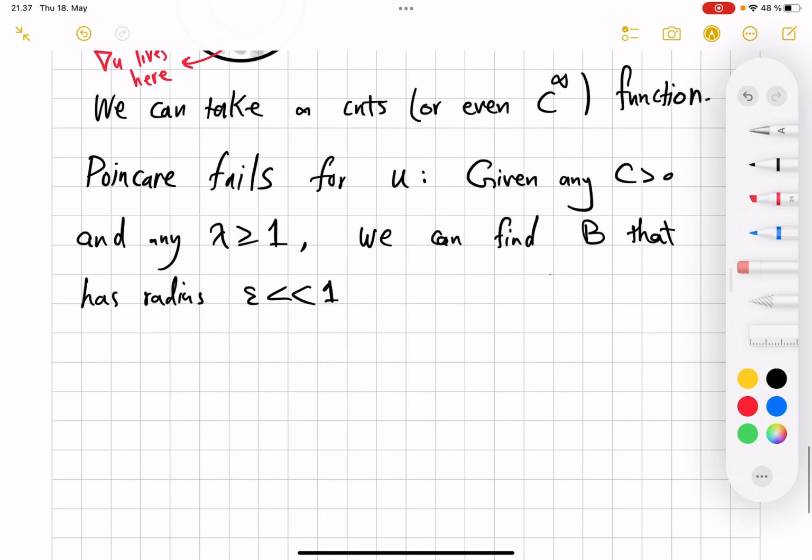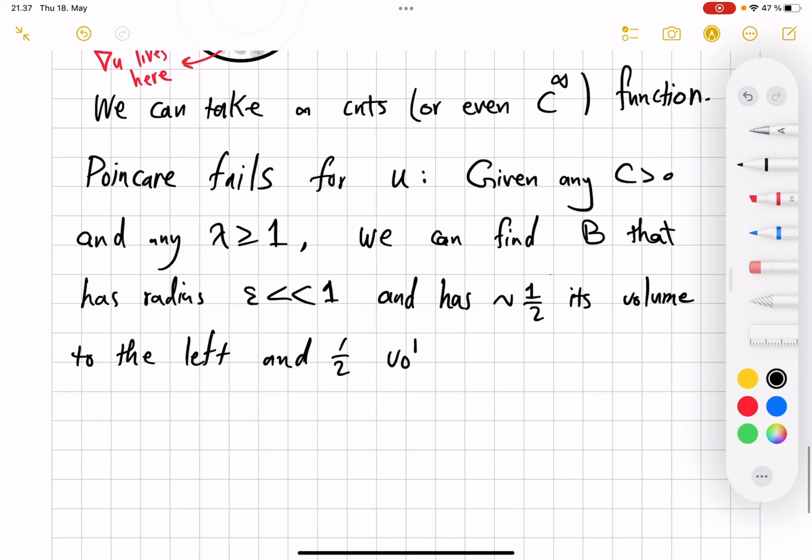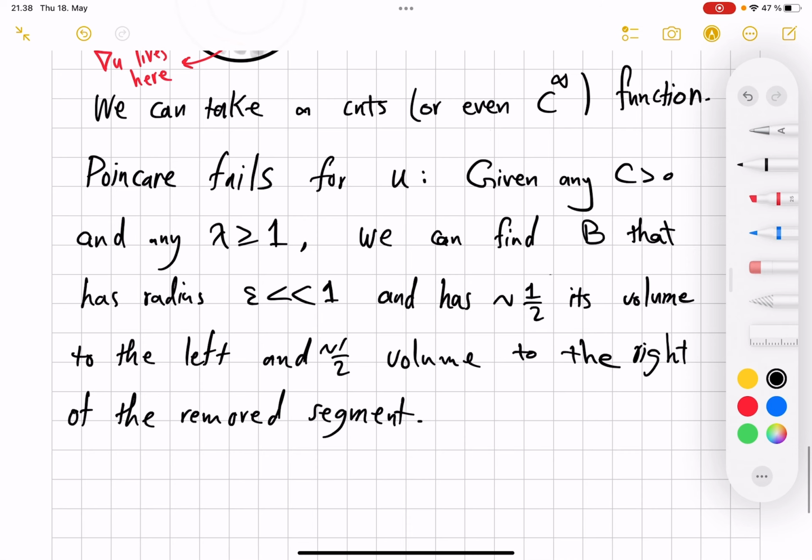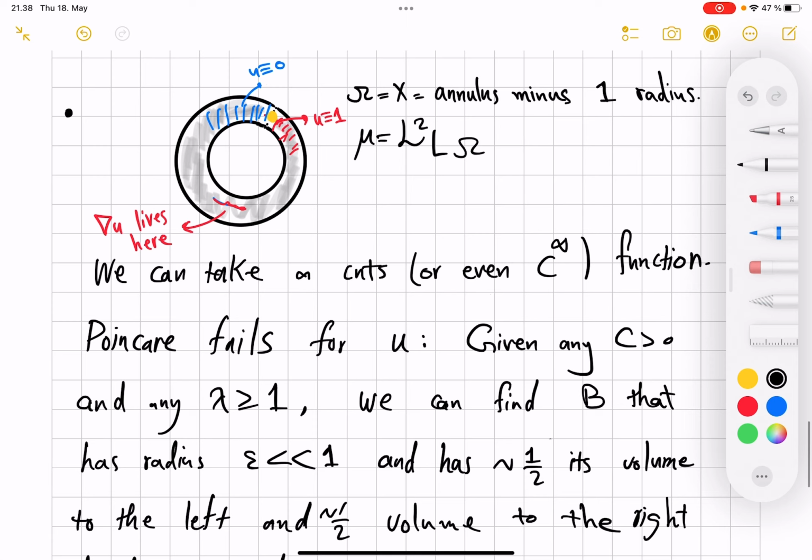It has radius this much and has almost 1/2 its volume to the left and 1/2 volume to the right of the removed segment. So definitely there is such a ball, an intrinsic ball in the space here, just the yellow one there. The ball actually also will have this segment removed from the inside.